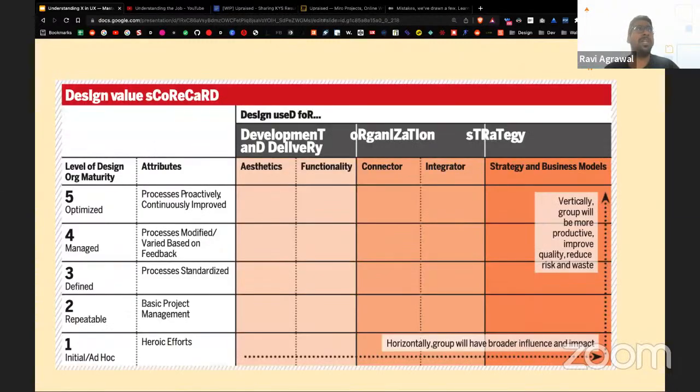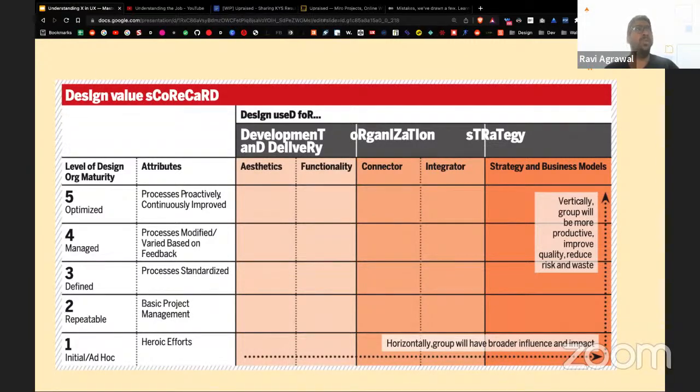To give you a little bit of understanding, there are different maturity models of companies. Now, in some companies, design is only limited to development and delivery, where it is focused on aesthetics and functionality. But as and when we understand design better, it can have organizational as well as strategic value, right?